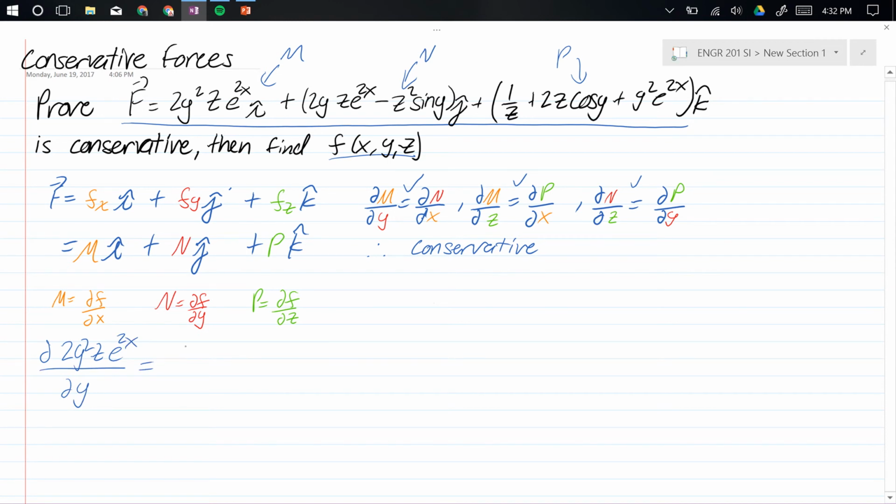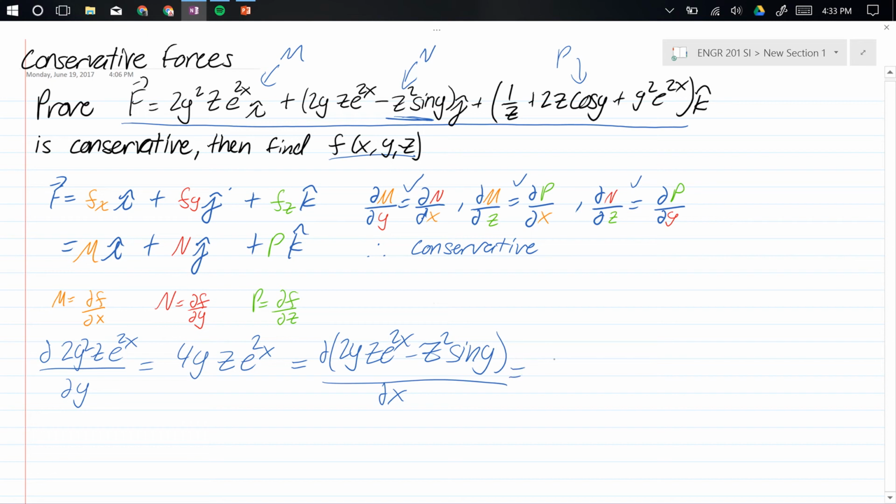That would equal 4yz e to the 2x, which should equal the partial of n with respect to x. The right term in n does not have an x in it, so that goes to 0 when we take the partial of n with respect to x, but the one on the left will not. So we take the partial of 2yz e to the 2x minus z squared sine y with respect to x.